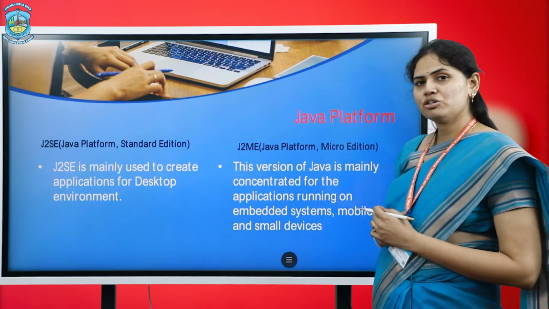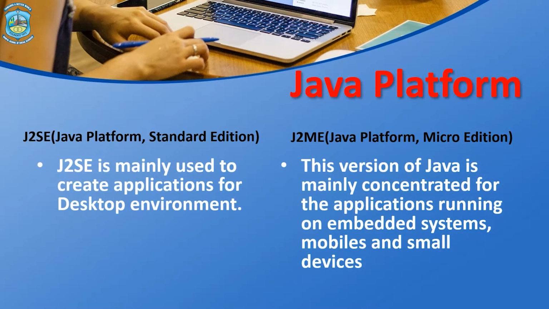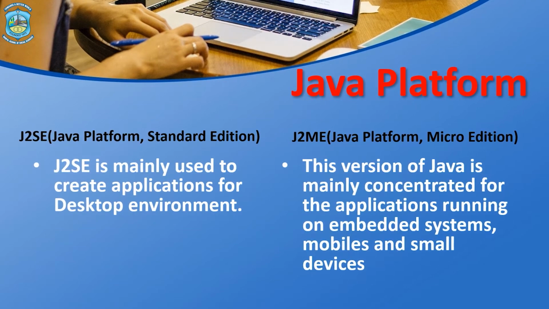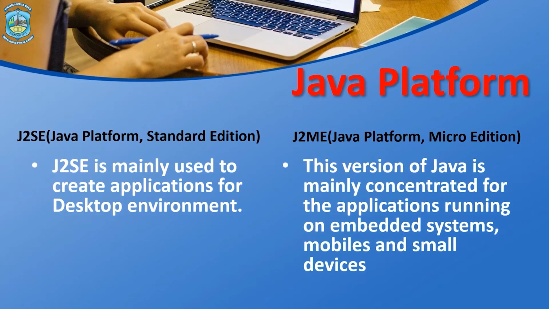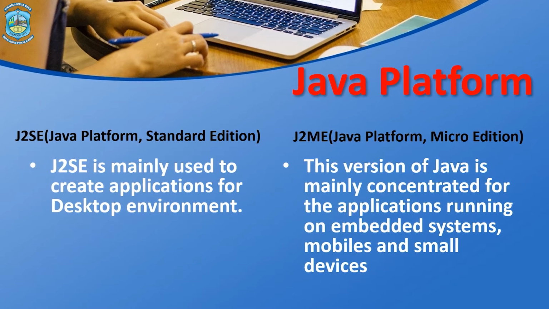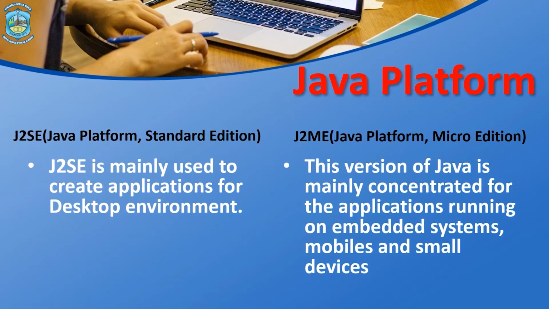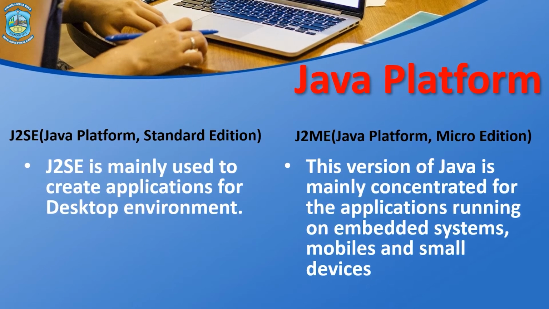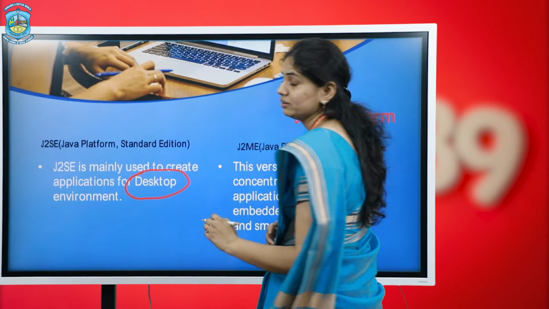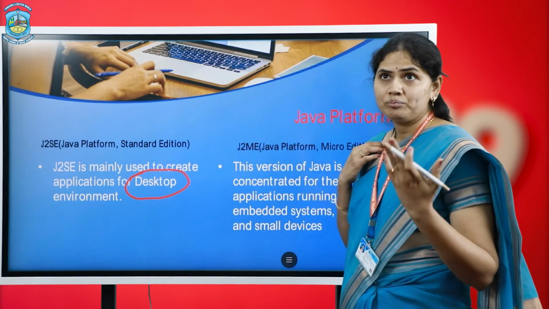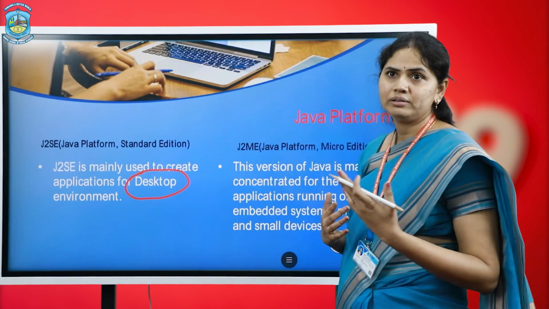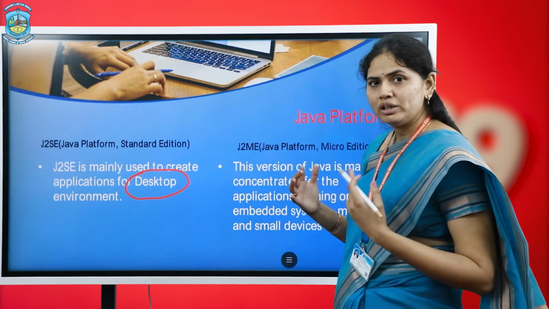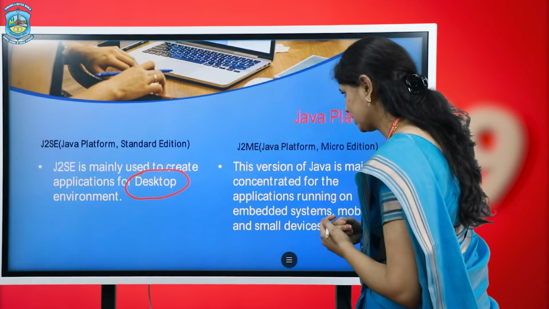The first edition of Java was the Standard Edition, also called J2SE. This is the standard edition of Java which is used in core Java, and it is mainly used to create desktop applications like antivirus, Acrobat reader and so on. Those are examples of desktop applications.